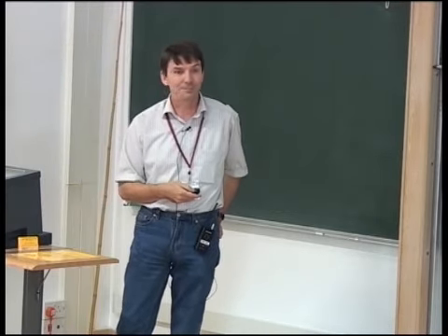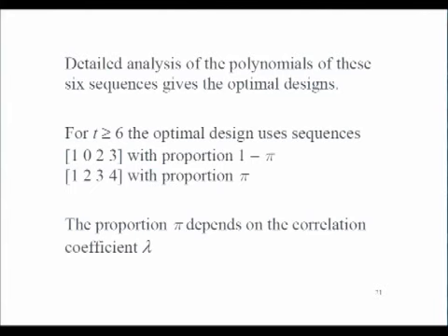They would be too many. Now, looking at the polynomials, I don't give you the formula for all of these. We find that if the number of control treatments is more than 6, we need some blocks which have 1 control treatment in them and some which don't. And the proportion depends on the correlation coefficient lambda, like we had in the case of block size 3.